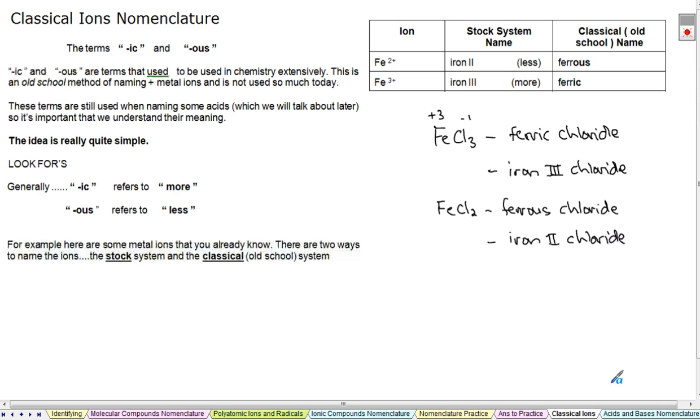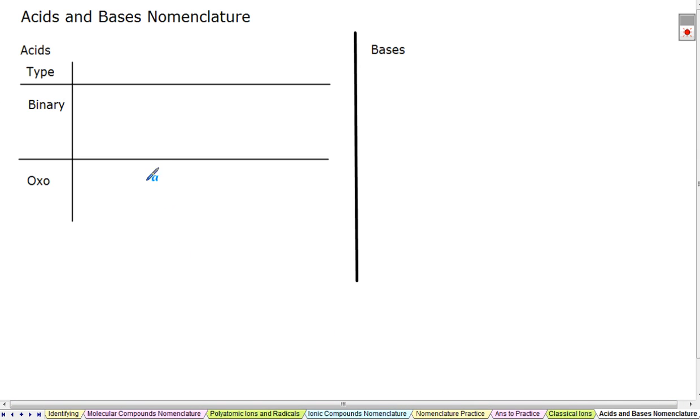The last thing I do want to go over is acids and bases, just very simple acids and bases nomenclature. And so we're just going to break this down. We definitely are going to go a lot further into acids and bases with another unit, but I do want to take a look at some very simple naming. So acids are typically when we have a hydrogen attached to a nonmetal.